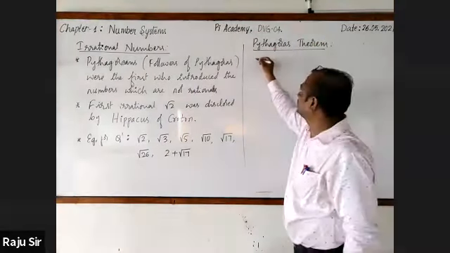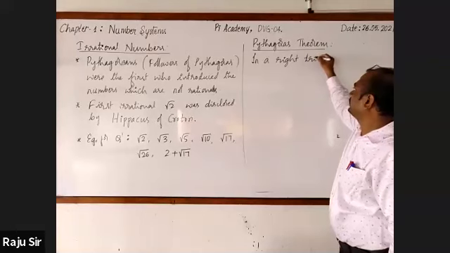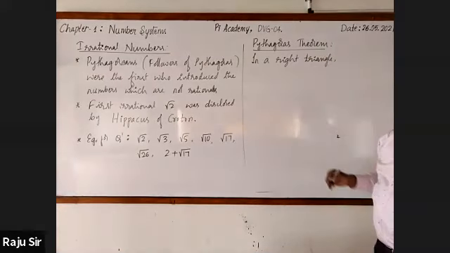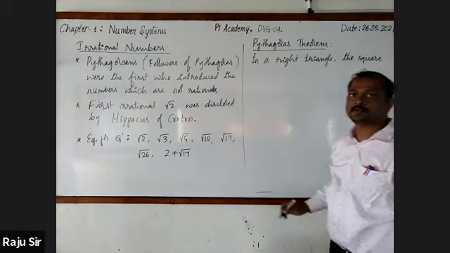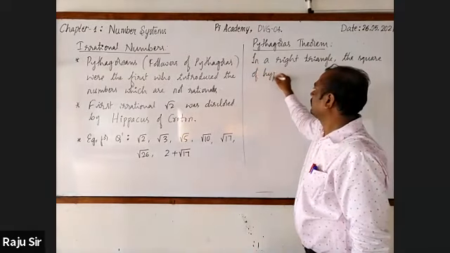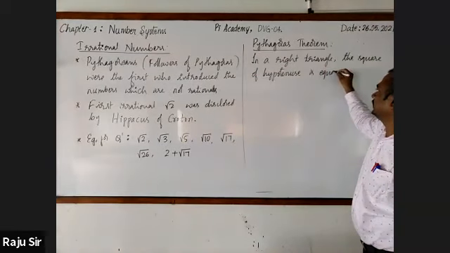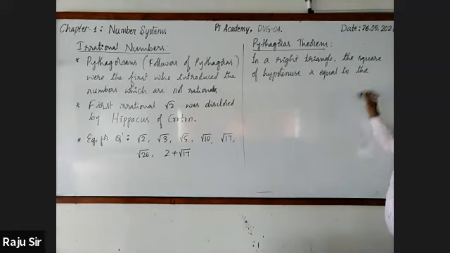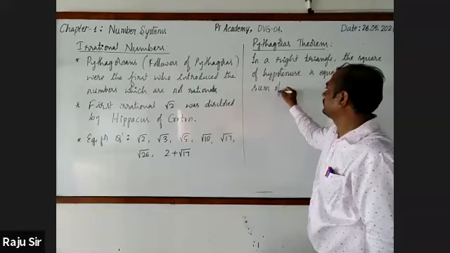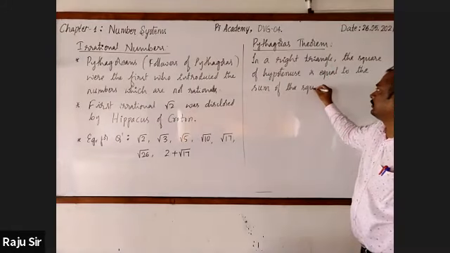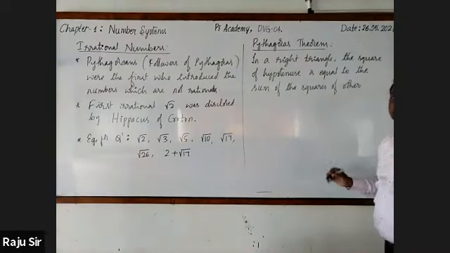Pythagoras theorem: in a right triangle, comma, the square of hypotenuse is equal to the sum of the squares of other two sides.